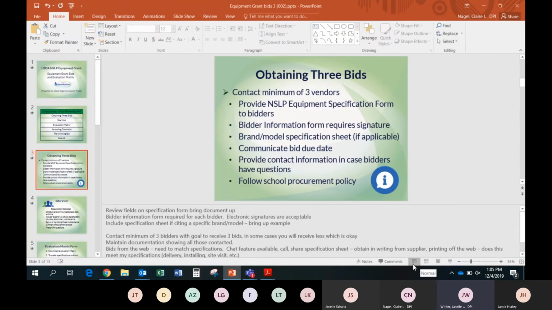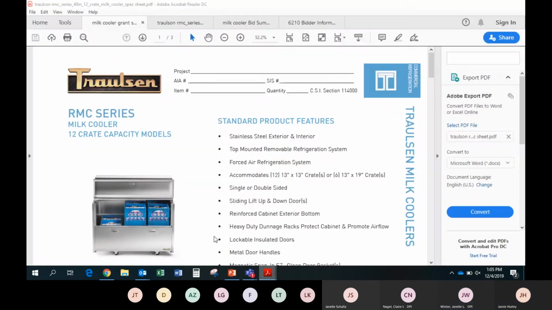So, like in our spec sheet, we listed the model that we're looking for. The standards and the specifications that we're looking for are included in a Tralson RMC series milk cooler.